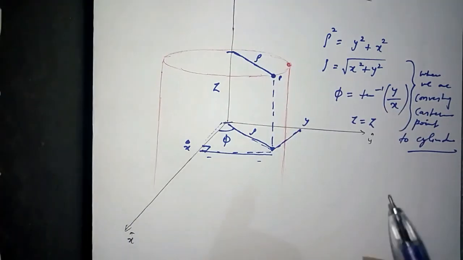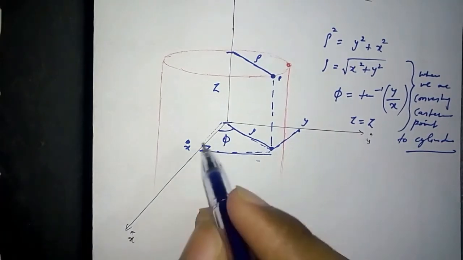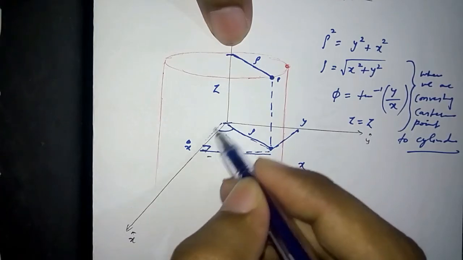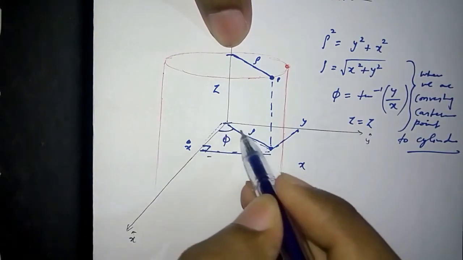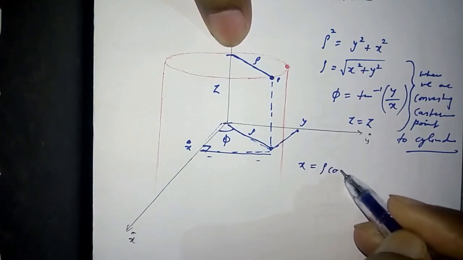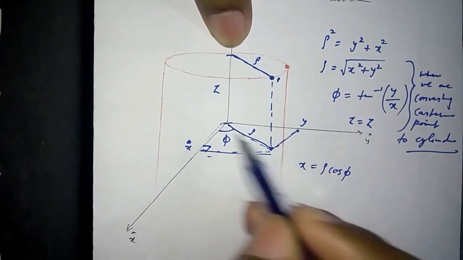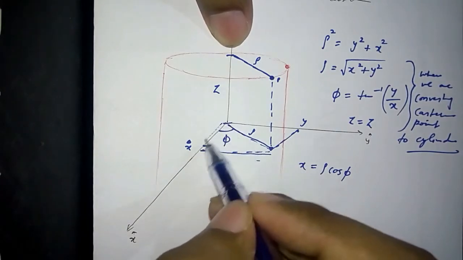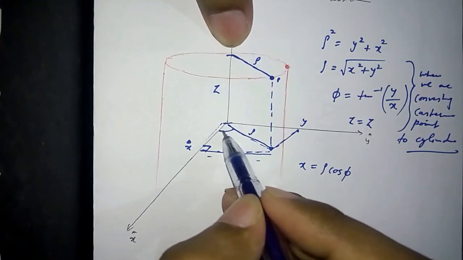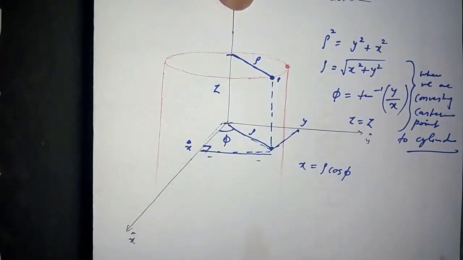So let's go to the same right angle triangle again. Okay, so x, this length is x, so x is equal to r cos phi, because this is the hypotenuse side, so this length is equal to hypotenuse into cos phi, because the angle is making with this axis, okay, x.